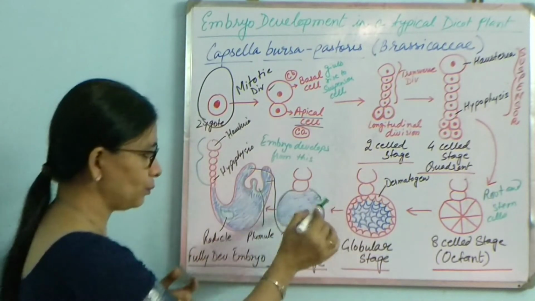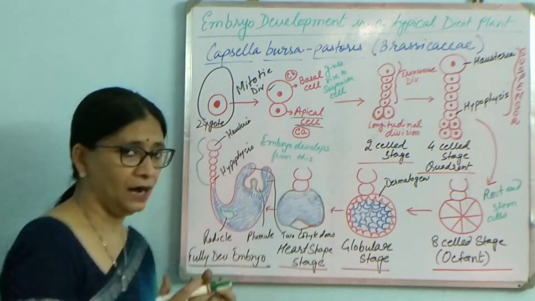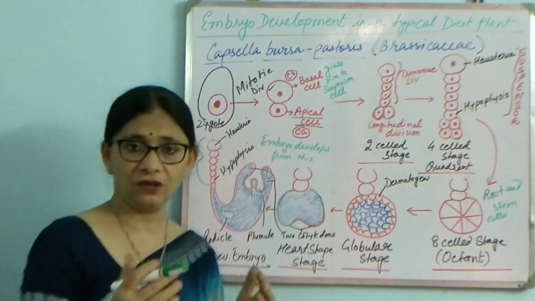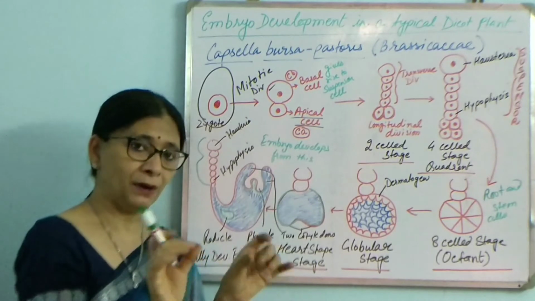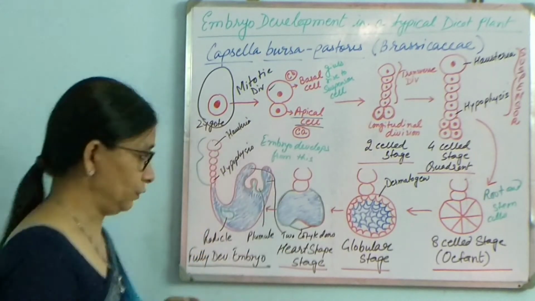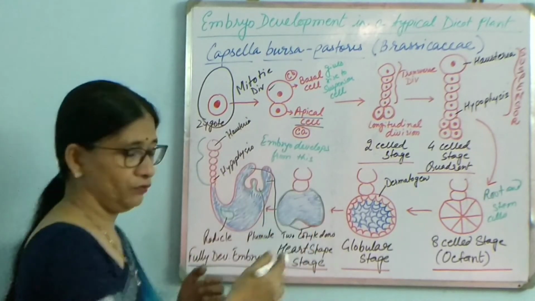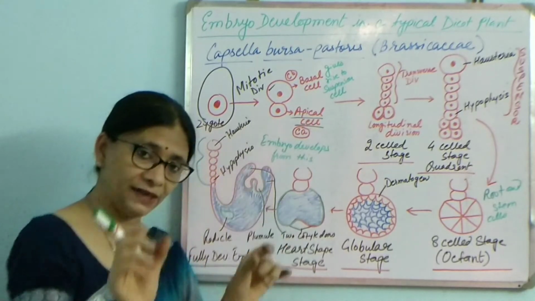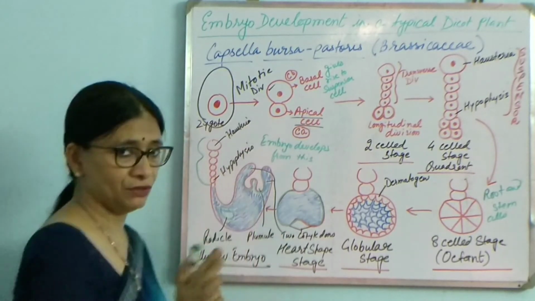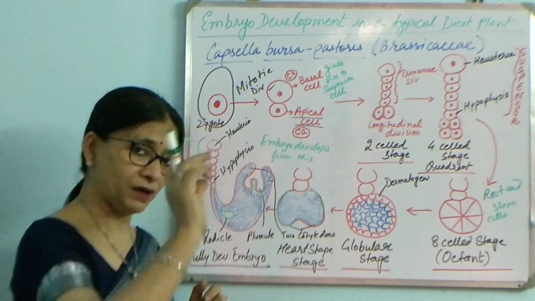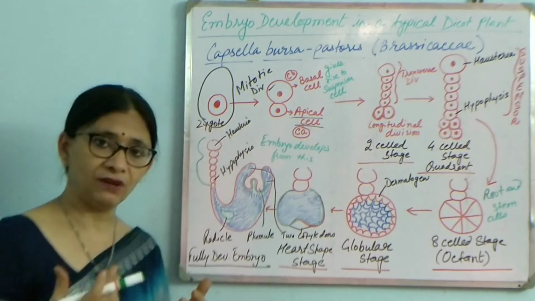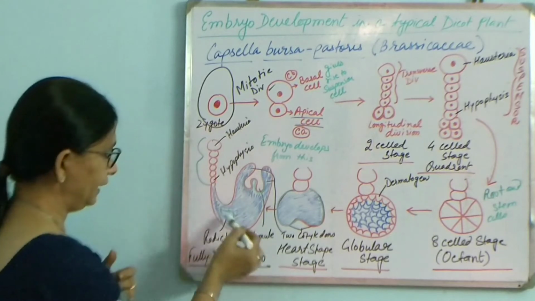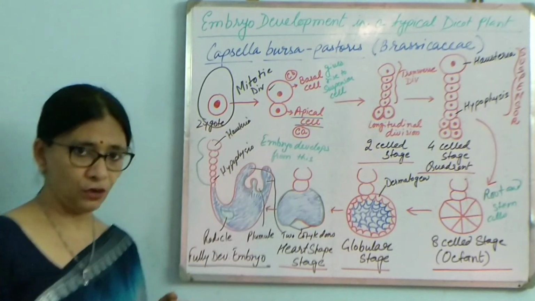Now, as the development proceeds from globular stage, we get heart-shaped stage, and here the two protruding parts will develop into cotyledons. Heart stage will give rise to horseshoe stage, when the cotyledons will be more prominent, which I haven't shown here. Then finally we will have a fully developed embryo, and here we will have two cotyledons.